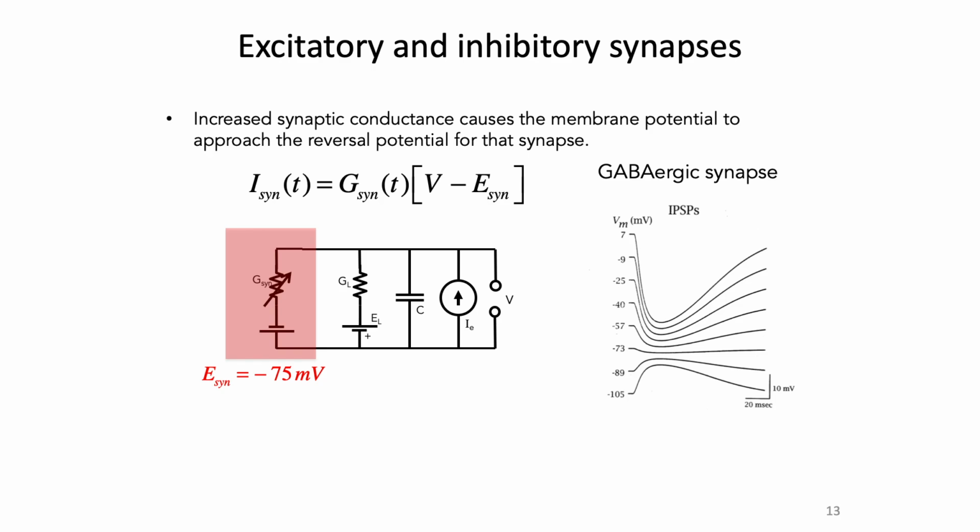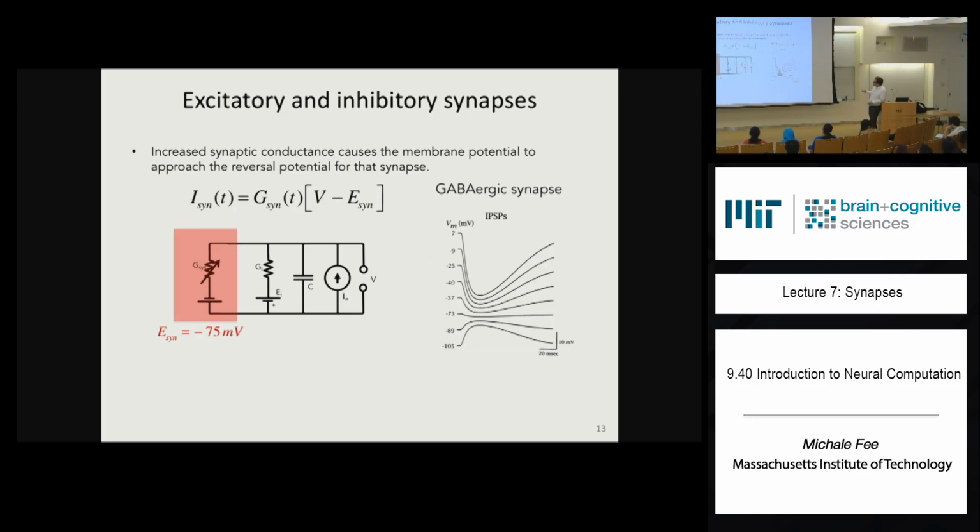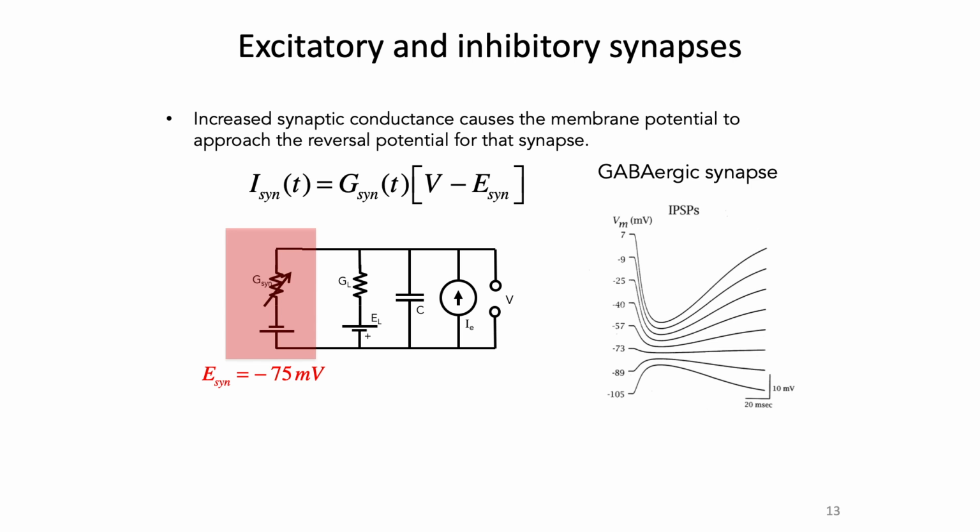Now, notice that as the cell is more and more depolarized, it's more strongly pulled, so the voltage change is bigger. If you hold the cell at -75, there's no voltage change at all from activating an inhibitory synapse. And if you hyperpolarize the cell even more, when you activate an inhibitory synapse, the voltage of the cell actually goes up.